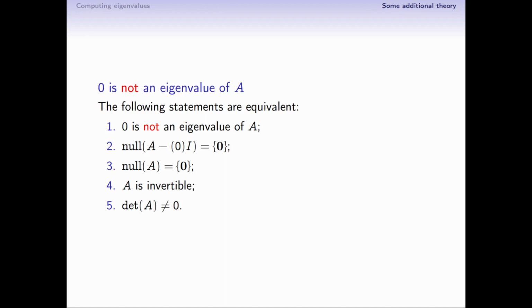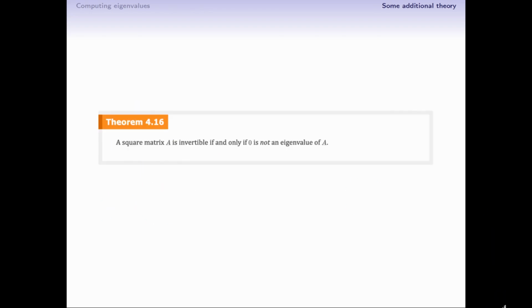And finally, by our work of section 4.2, A is invertible is equivalent to the statement that the determinant of A is not equal to 0. Now, if we look at theorem 4.16, it's drawing out this implication.